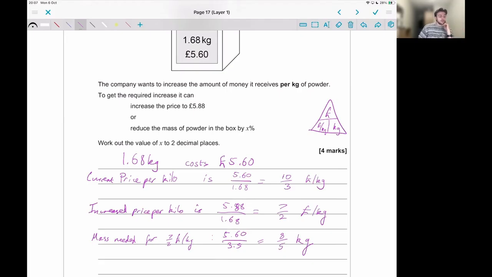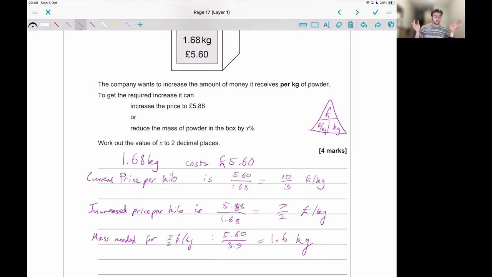Actually, I'll leave 8/5 as a decimal this time because it's not a complicated decimal. It's 1.6, so 1.6 kilos. So we know that for the current price to give us the price per kilo that we want, we just need to drop it from 1.68 kilos to 1.6 kilos.